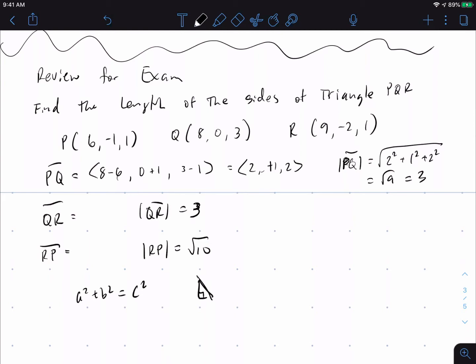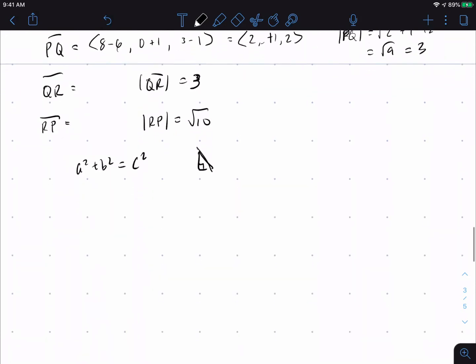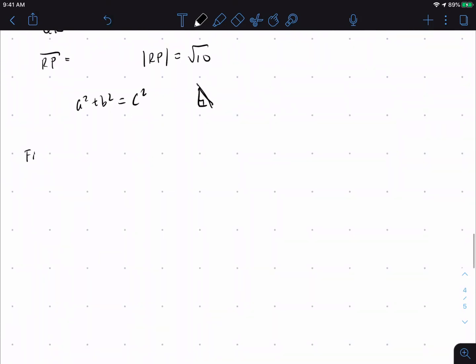You good with that? There's going to be at least one question like this on the exam. Seems reasonable, right? Yes. Okay, the next one is, I'll give you something like find vector A plus B, 7A plus 9B, find the magnitude of A, and find the magnitude of A minus B. We did this in the homework, right?